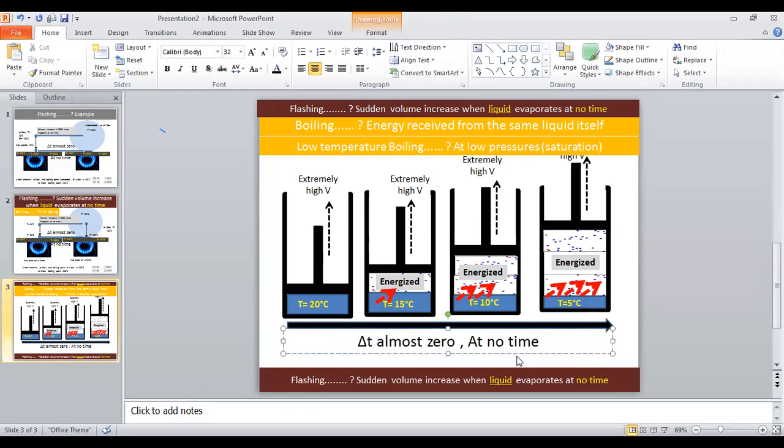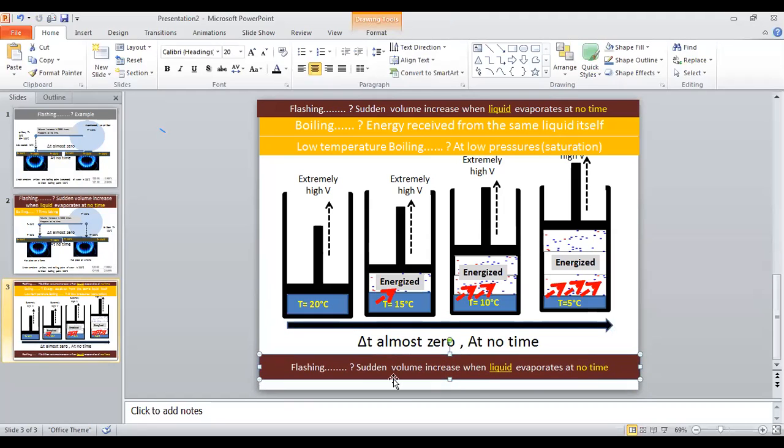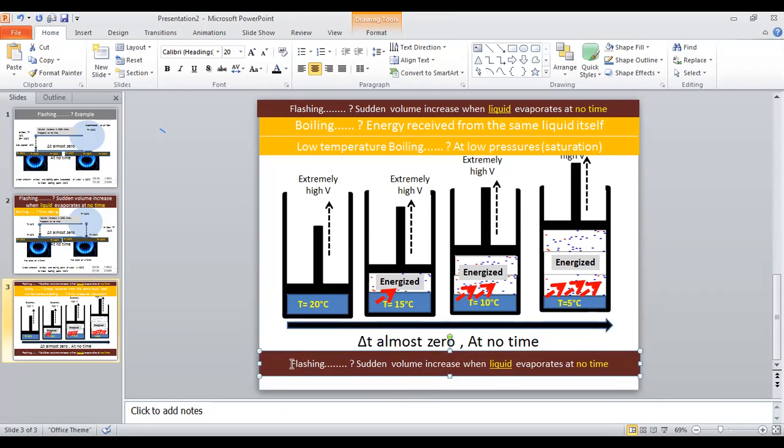This is the basis for refrigeration technology. So this is a very popular technology, a basis for refrigeration technology.